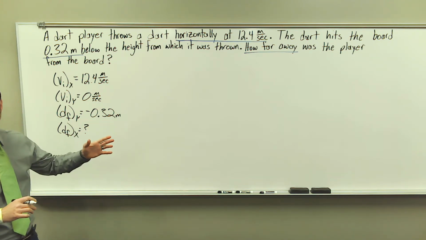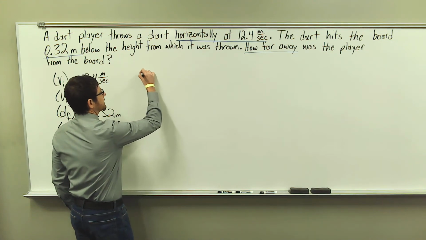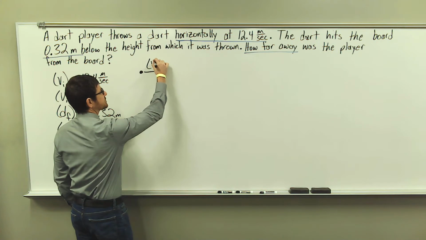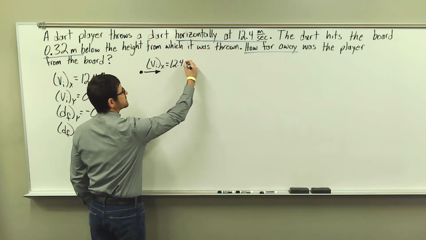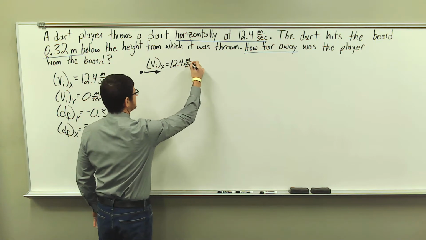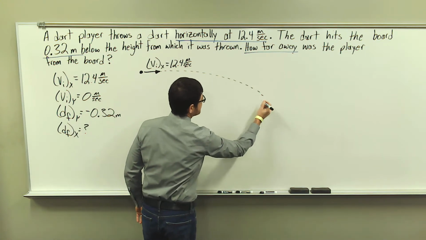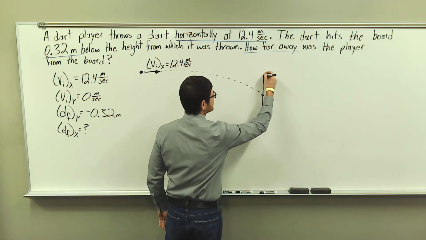Now if I was going to draw a simple picture here, we have the dart, initial velocity in the x direction, and it is 12.4 meters per second. It loses some height right here.